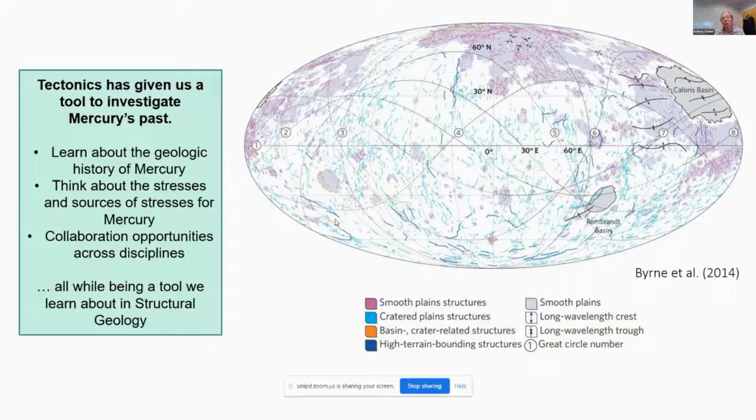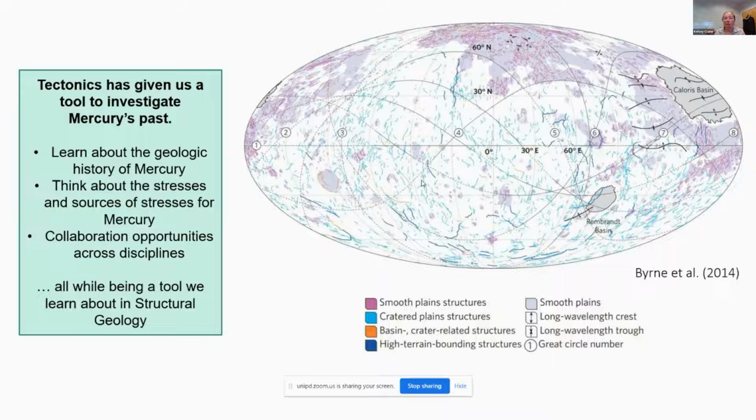Lobate scarps are typically long, higher relief, asymmetric ridges. They're less complicated in plan form. They still form in groups, but with fewer changes in vergence. And those tend to be focused in the cratered plains. But the boundary between those two groups is really subjective.